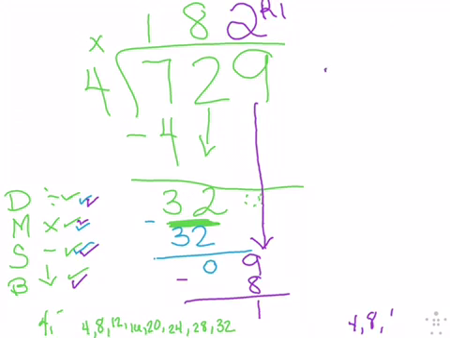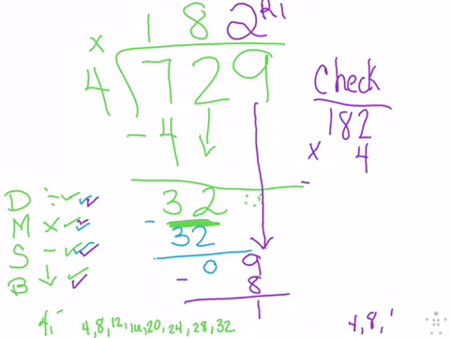To check it, you're going to write check. Take your quotient, multiply it by your number of groups. 4 times 2 ones is 8 ones. 4 times 8 tens is 32 tens. 4 times 8 hundreds is 32 hundreds.